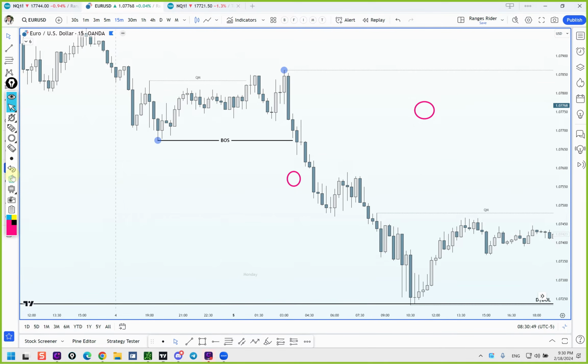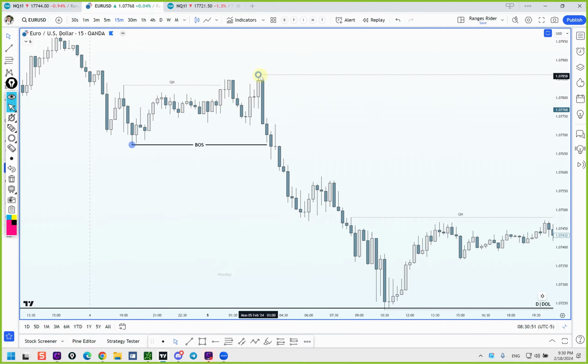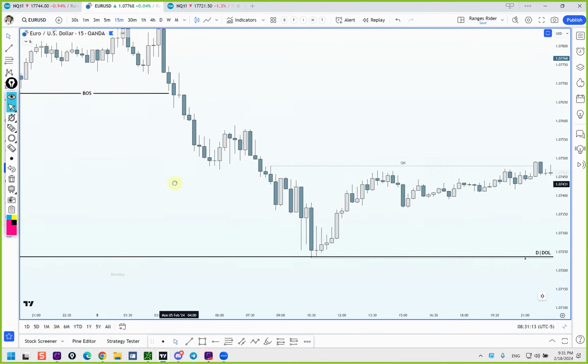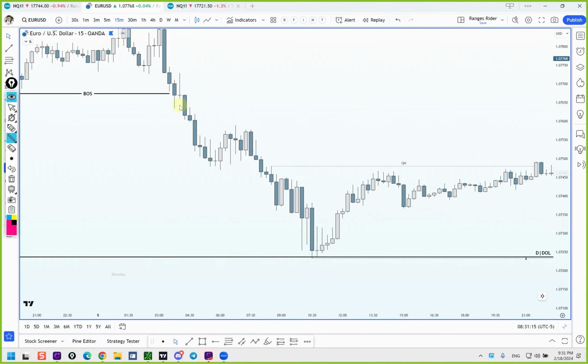Now here is the important point to understand. We have the latest QM here. Listen carefully. This is the confirmed QM. Once we have the breakup structure, we are looking for another, opposite QM. So where is the opposite QM? Look here.